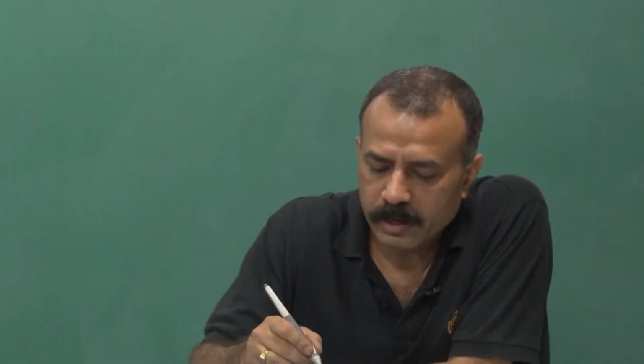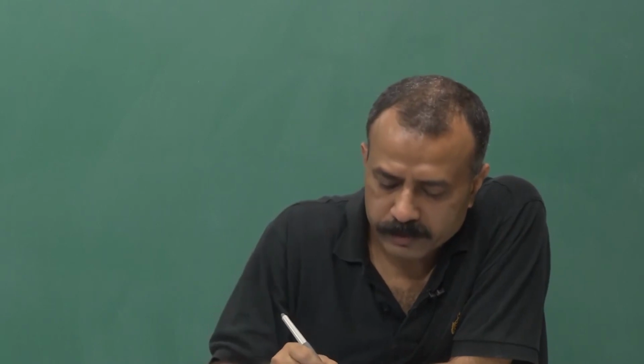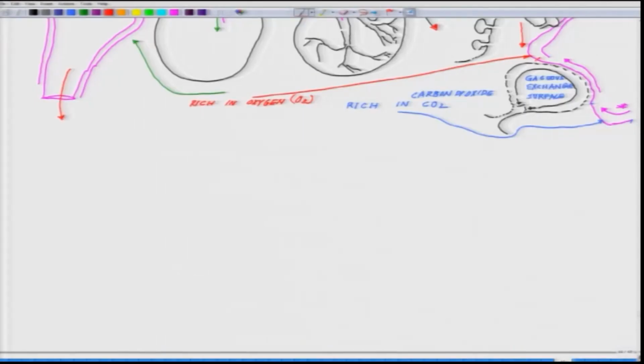So say, for example, this vessel continues and now it comes to the heart, and from the heart it is the aorta which is now carrying oxygen rich blood.